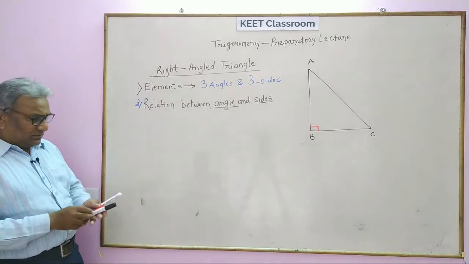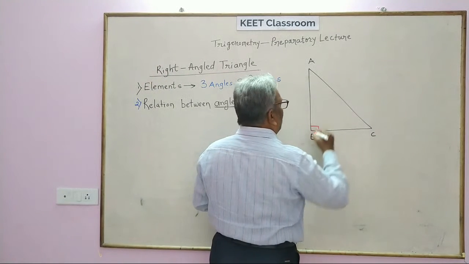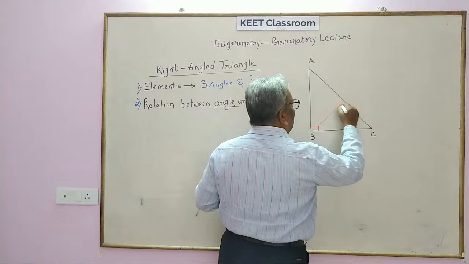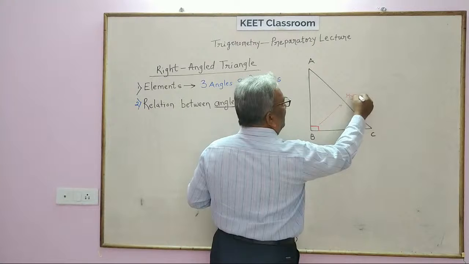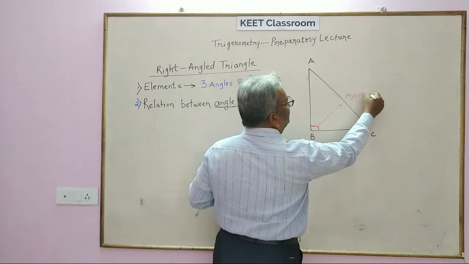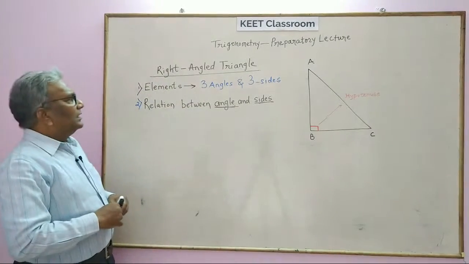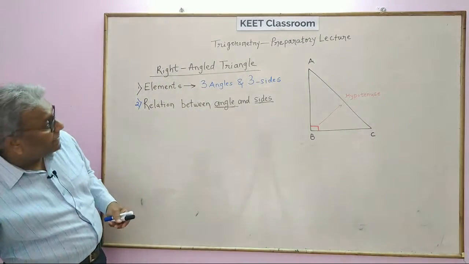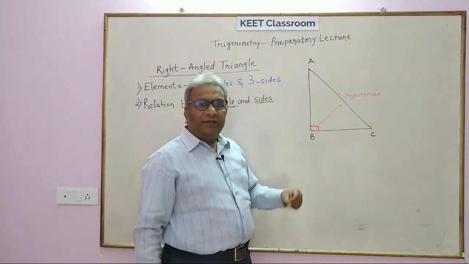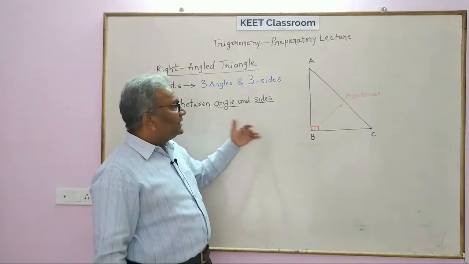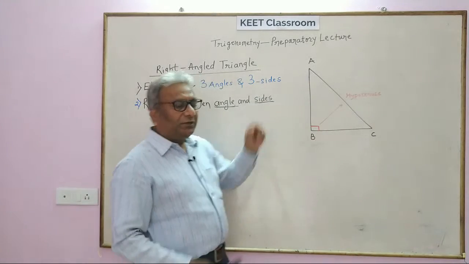So when we talk about the right angle, the side opposite to 90 degrees is always called the hypotenuse. Now we shall take each and every angle and try to study the relation of the angle with the sides of the triangle.